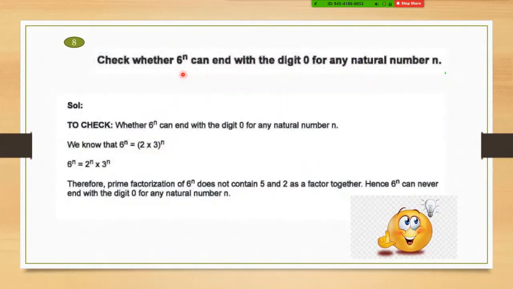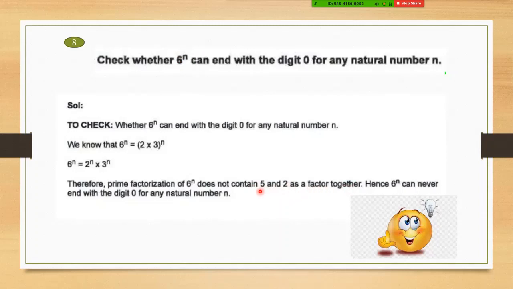Similarly, suppose I ask, check whether 8 to the power of n. What are the prime factors of 8? 2 cube. All 2's are there, but no 5 is there. To get the last digit as 0, it is compulsory that both 2 and 5 be factors.